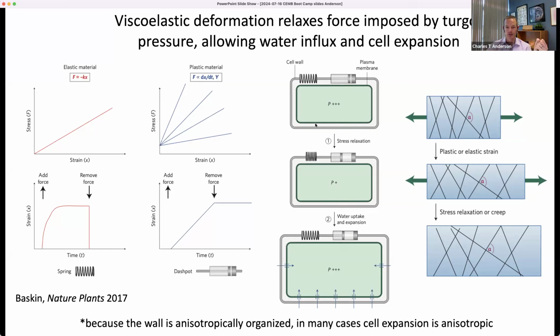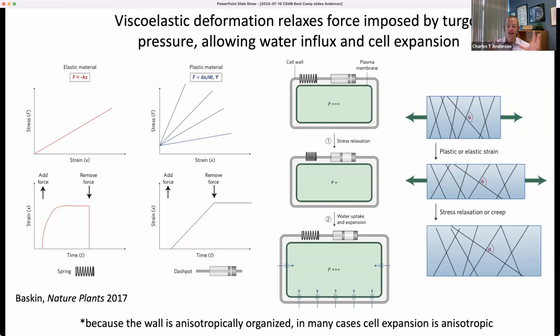So as that turgor pressure increases, the wall ultimately will undergo what we call stress relaxation, meaning it will change its configuration, right, to allow for that turgor pressure to go down and to relax the stress that exists in the wall. One of the other important processes that has to happen during this to allow the cell to actually increase in volume is enough water has to enter the cell to take up that new volume, right?